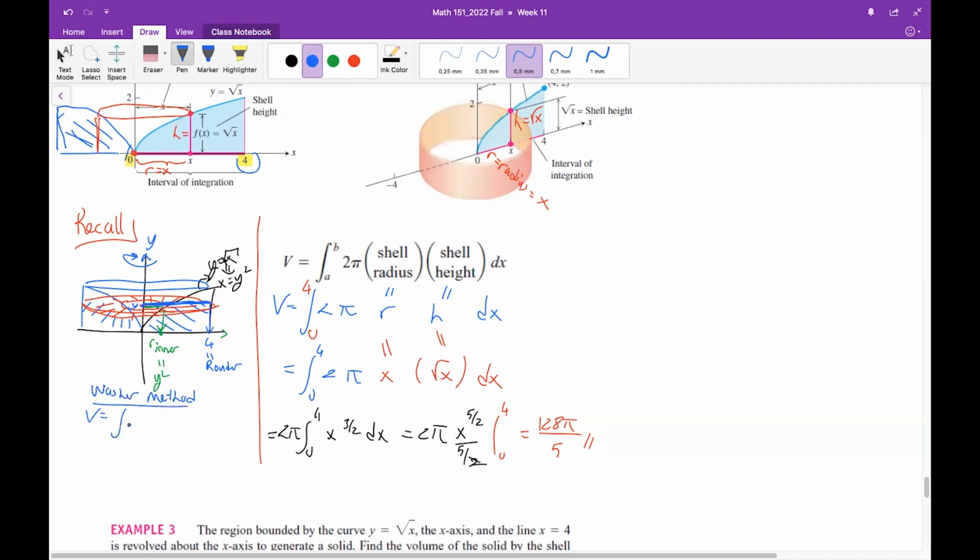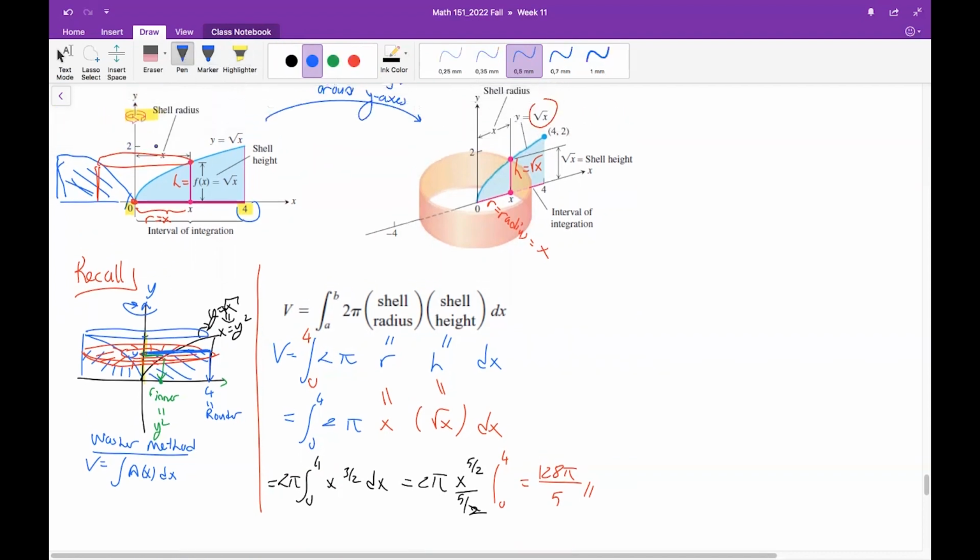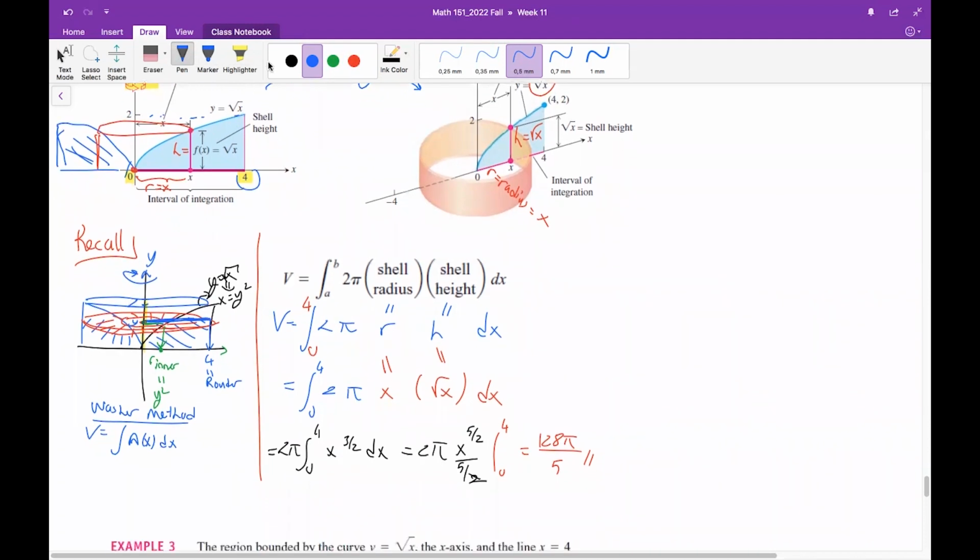It is the area of the rings from where to where. This time you need to be careful because you are integrating not over the x-axis but the y-axis. That's why you look at the boundaries on y. From 0 to which point? You see, this point is 2, so from 0 to 2.